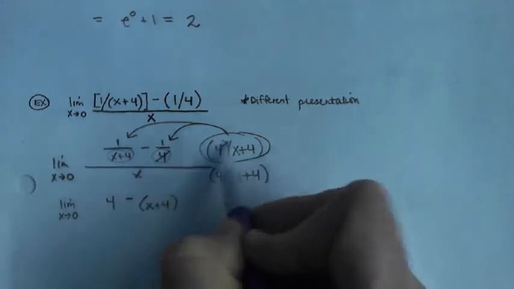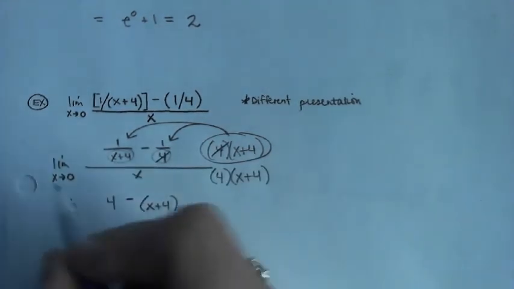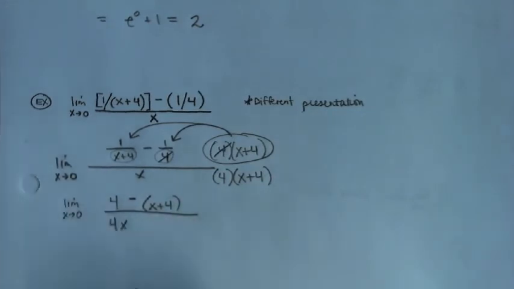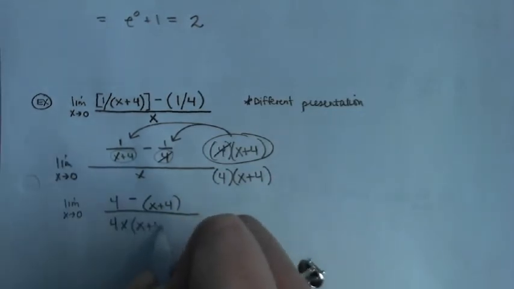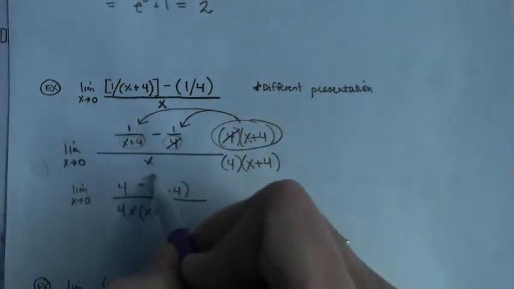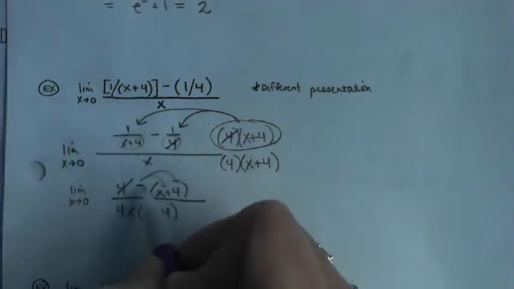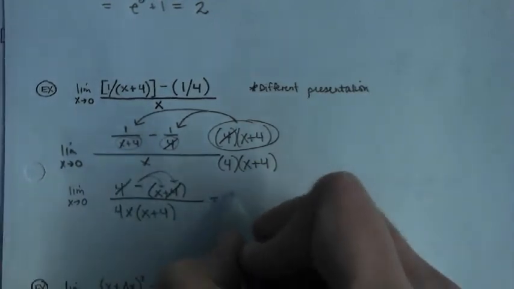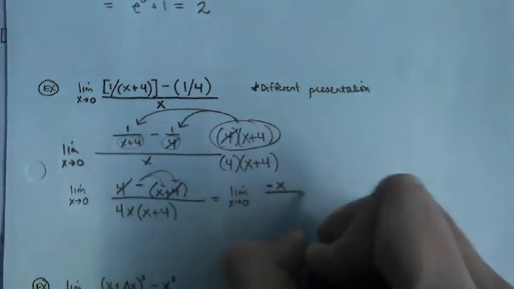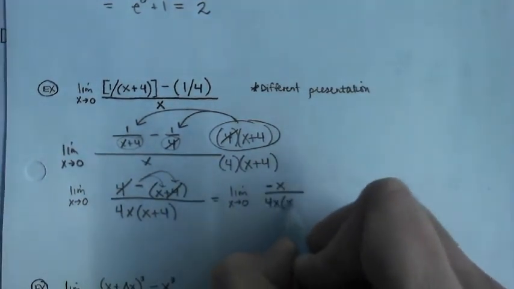And then on our denominator, we're going to keep it x, and I'll put the 4 out in front of that x, and then x plus 4. I'm not going to distribute this out. Continue simplifying in the manipulation, and your 4 minus your 4 cancel. So we just have the limit as x approaches 0 of negative x over 4x times x plus 4.